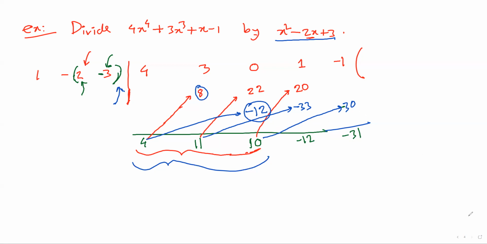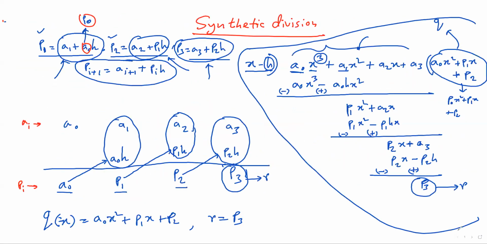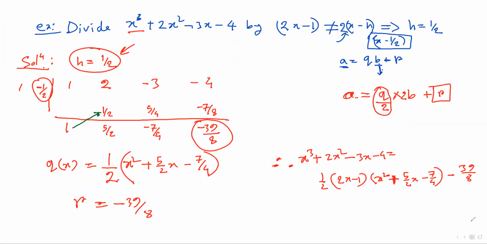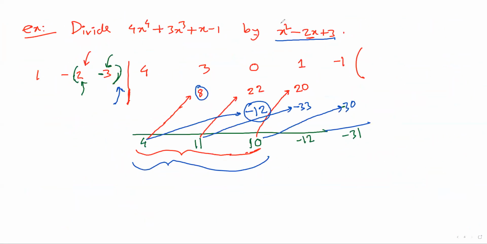The way we proved, developed, or constructed the idea of synthetic division by a linear term, you can use the same process to construct the synthetic division by a quadratic term.